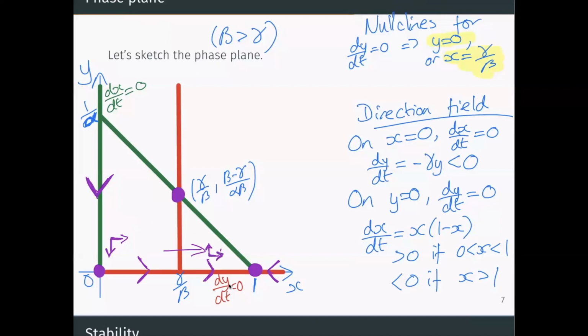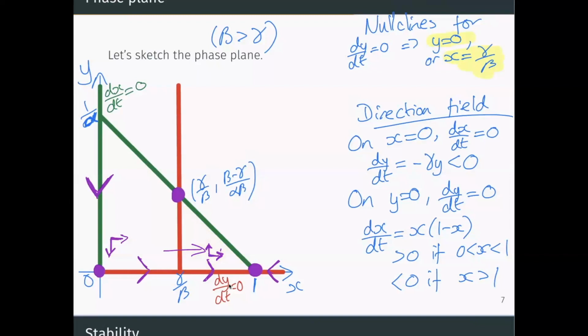In this little triangle down here, we're moving up and to the right because we've passed through that null line where dy/dt was equal to 0. So on the left-hand side of that vertical red line, dy/dt is negative. On the right-hand side of it, dy/dt must be positive. So I'm moving up and to the right now.